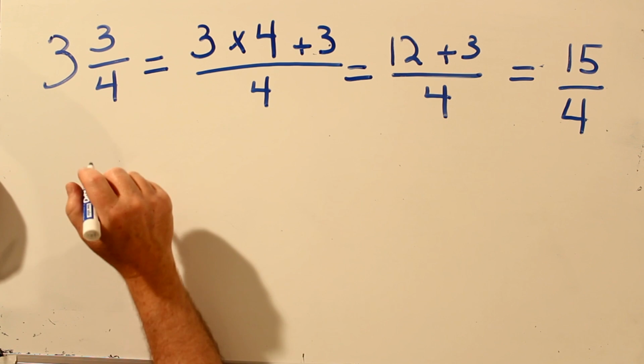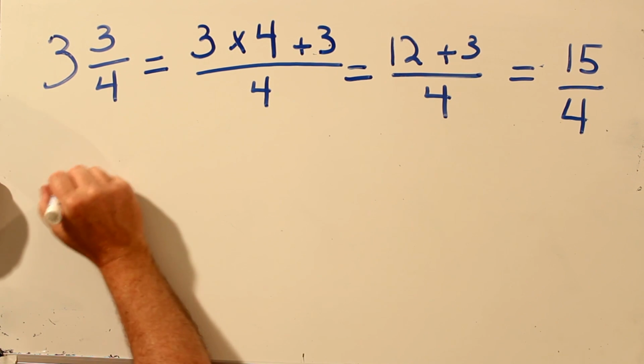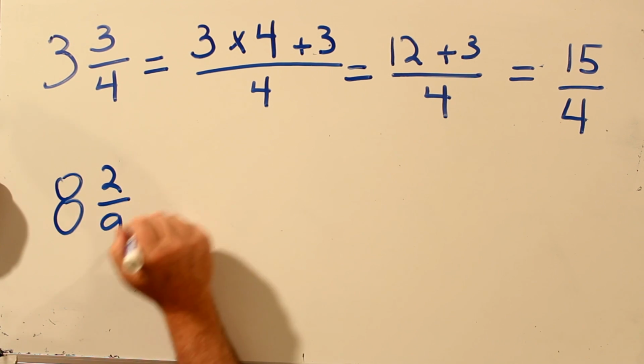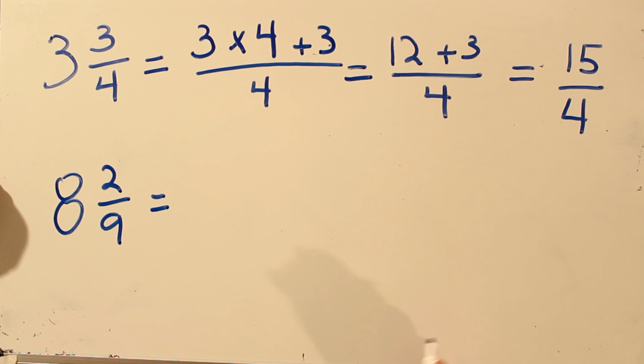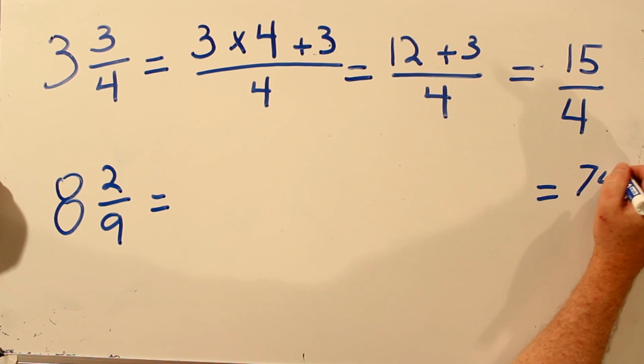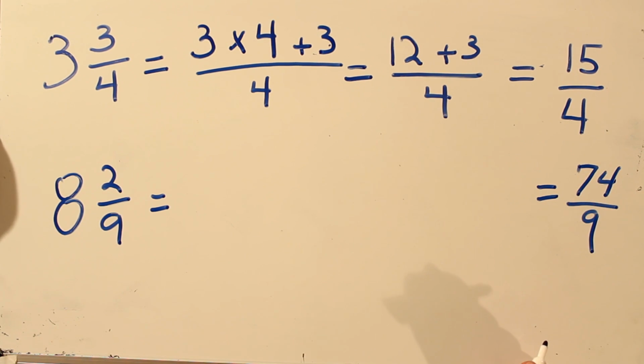I'll do another one with that one still on the screen. Let's go from 8 2/9. And we know we're going to get to 74 over 9. Let's see how we do that. So 8 2/9, as an improper fraction is 74/9.